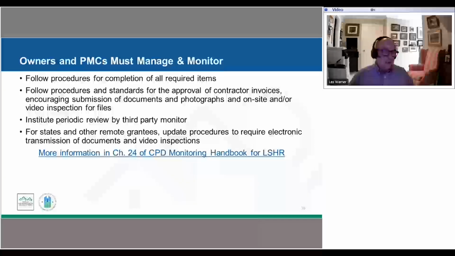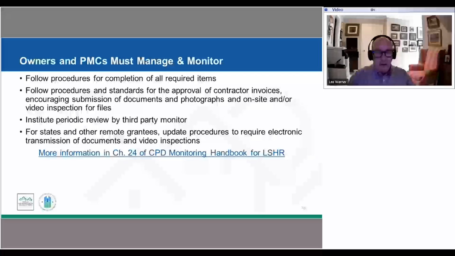So not only are we going to want to see test results, but also photographs, if you want those included. If you're going to require that an on-site or video inspection be completed, lay out that process. Anytime we can have a third-party monitor, whether that's you or someone you've hired working on behalf of your program or agency, it will be helpful.